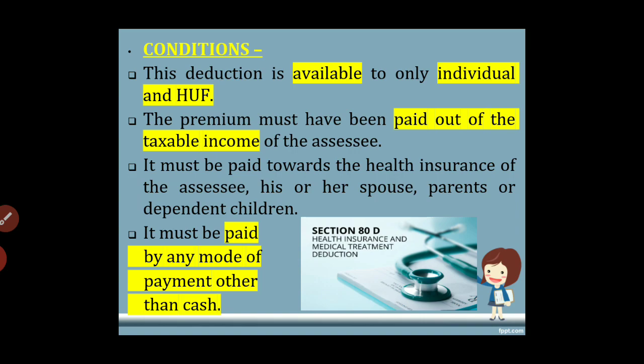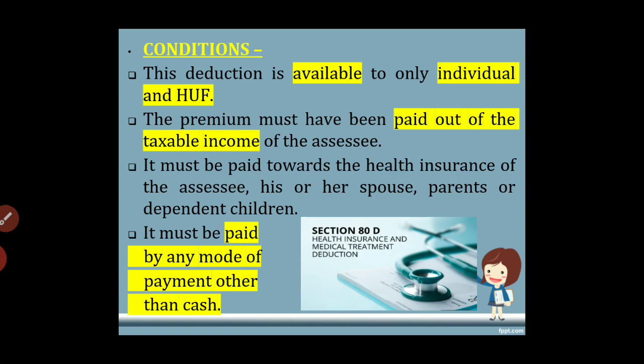Condition number 2, the premium must have been paid out of the taxable income of the assessee. That means whatever amount of premium is paid by the assessee must be paid out of the taxable income. What is taxable income?